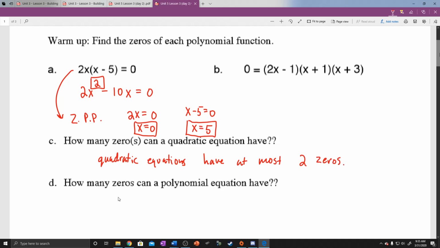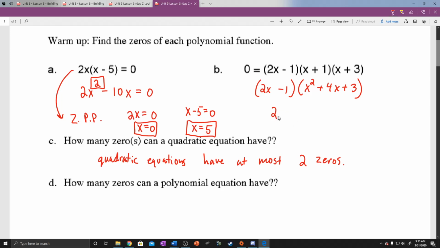How many zeros can a polynomial function have? Well, here we have a polynomial function, and if you use the box method, you're going to find that this will factor to x squared plus 4x plus 3, and then you can use the box method again here, but I'm not going to go through all the steps.